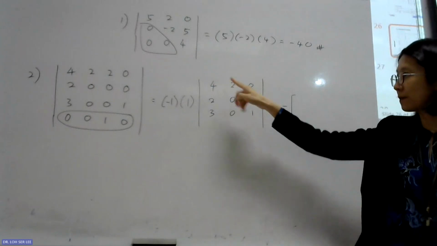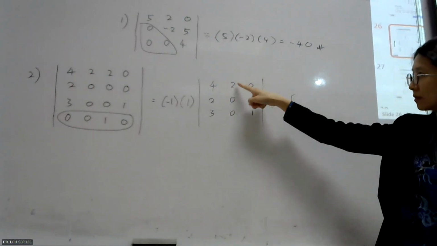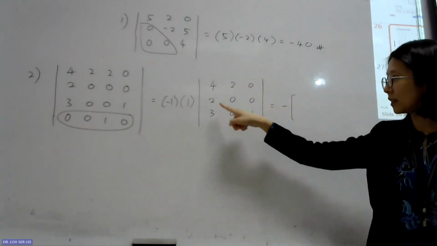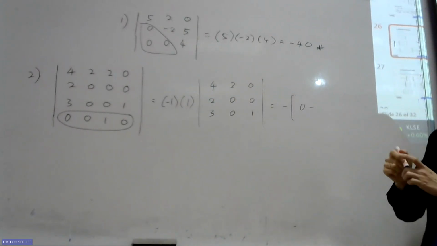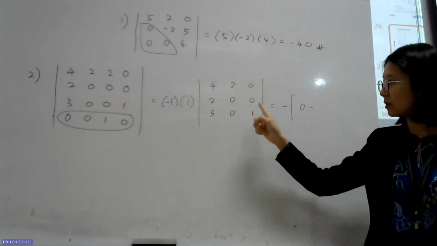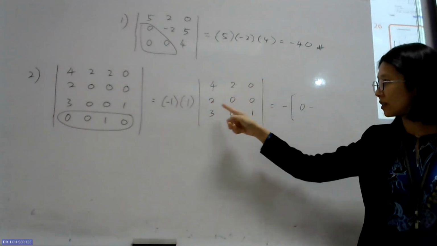This direction first, 0, 0, right? And 0, so 0. Minus another direction, 0. This is also 0. This is 4.